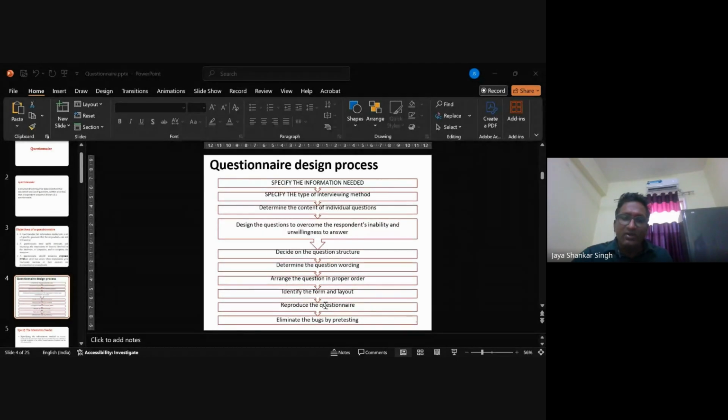ठीक है. Now, the seventh one talks about arranging the question paper in proper order. Start with easy, engaging questions.